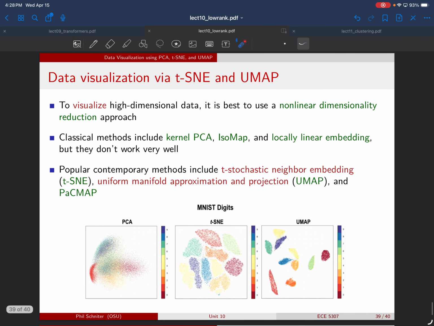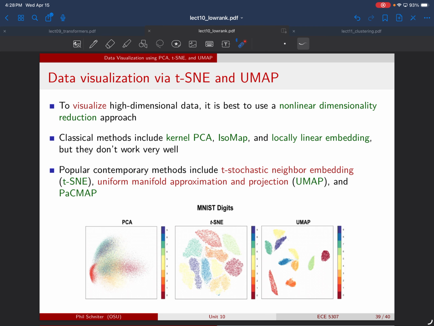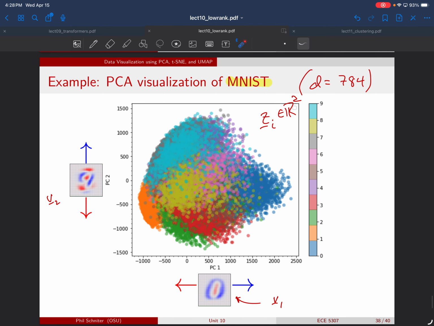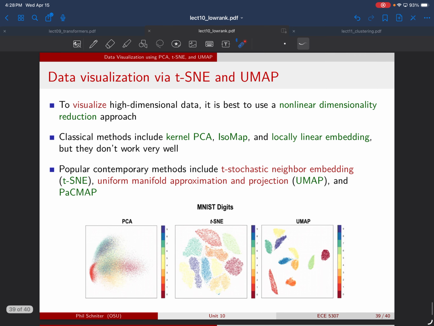So PCA is definitely a common technique to use, but as we know, it's relatively simple. It's just this linear dimensionality reduction algorithm, and when you apply it to data sets, you get a lot of overlap. So it doesn't really work as well as you might like. You would ideally like to see if there's some kind of nonlinear dimensionality reduction that really does a better job of separating these different classes.